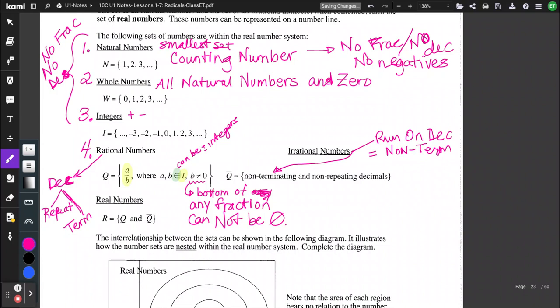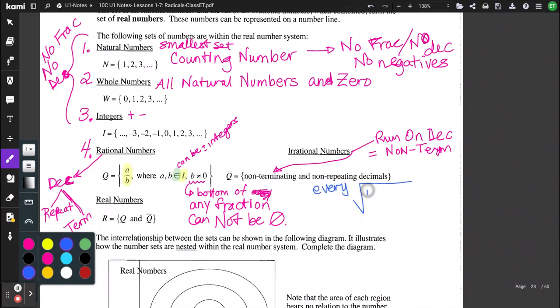So what kinds of numbers are going to give us run-on decimals? These will always be the non-perfect square roots. So every non-perfect square root.